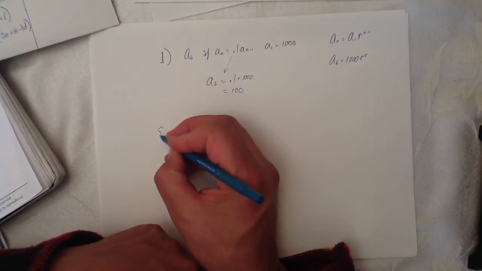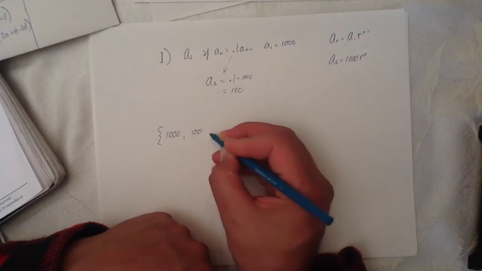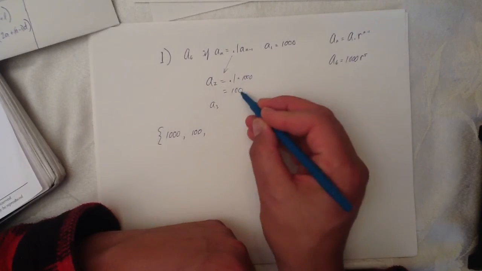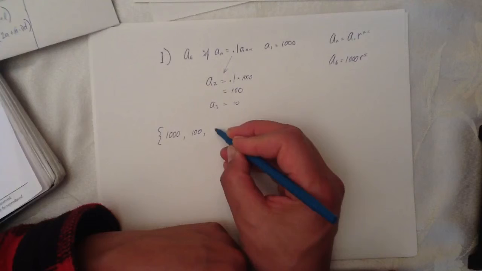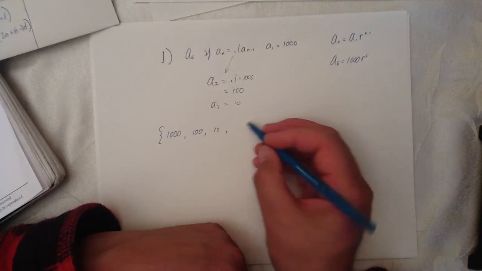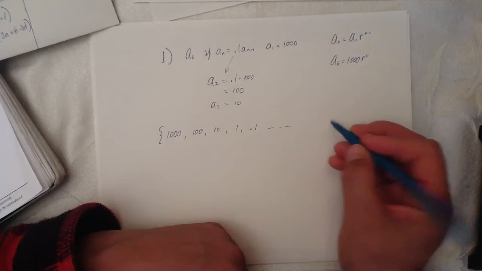So now I'm onto something. A3 then should equal 0.1 times 100, which equals 10. And I can see the sequence here already. I'm dividing by 10 each time. And so on and so on and so on.